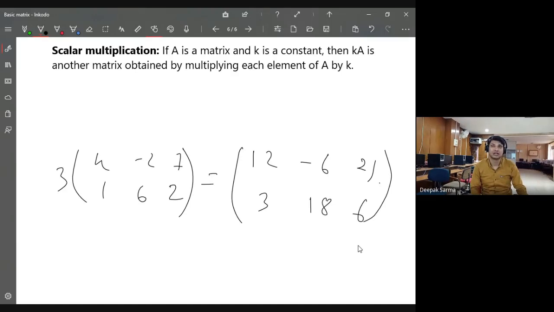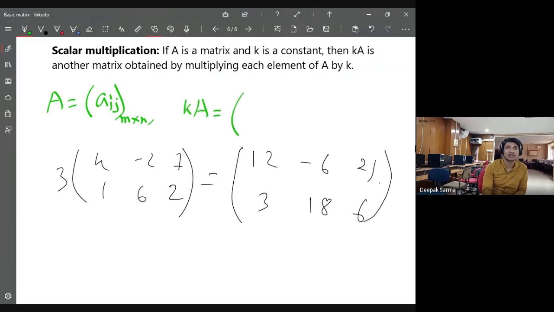In the last lecture, whatever we defined and discussed, we used symbolic notation instead of writing the matrix. In words, that is multiplying each element of A by K. So here, if A is some matrix of any order, suppose A is Aij of order m cross n, then what will be kA?